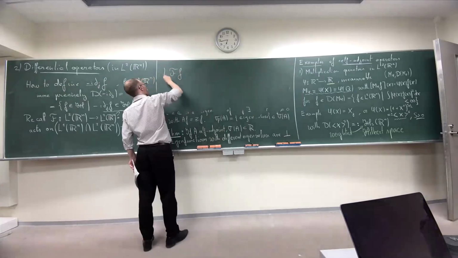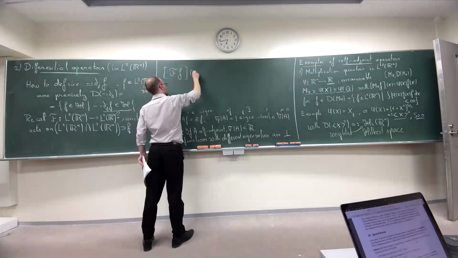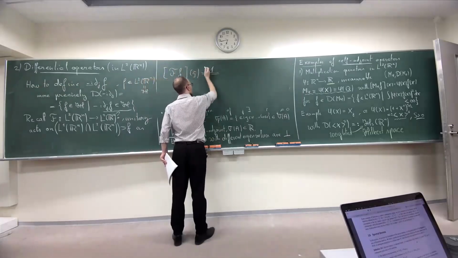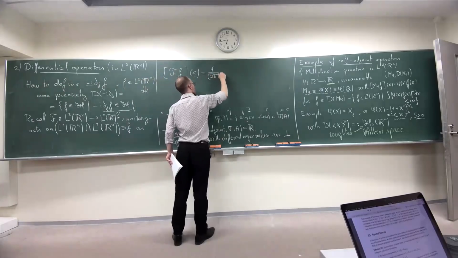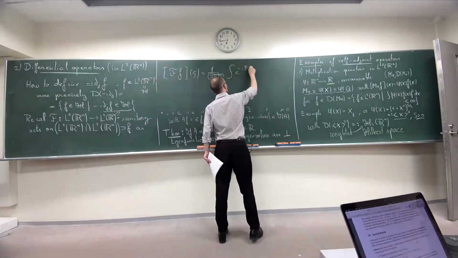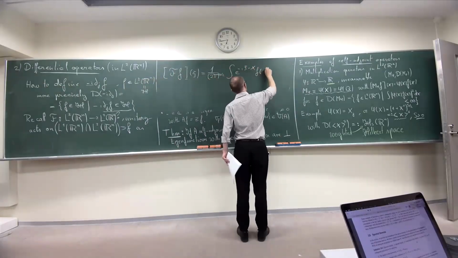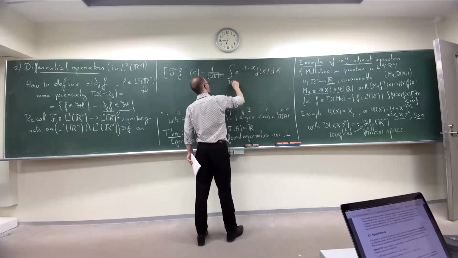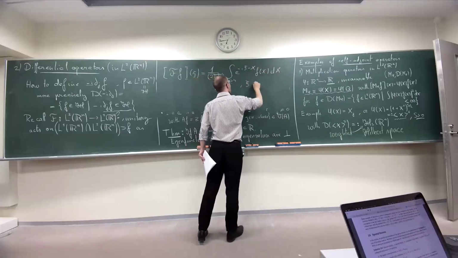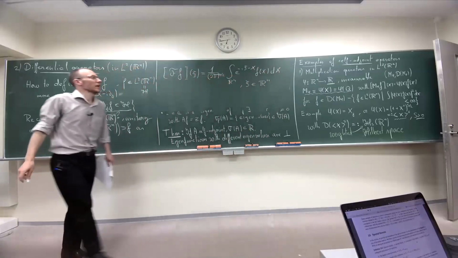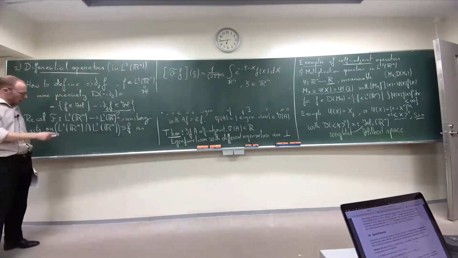The Fourier transform of f at xi is a constant, (2 pi) to the power n over 2, times the integral of e to the minus i xi times x, f of x dx, and we integrate on Rn, where xi is any element of Rn. So this is the definition of the Fourier transform.